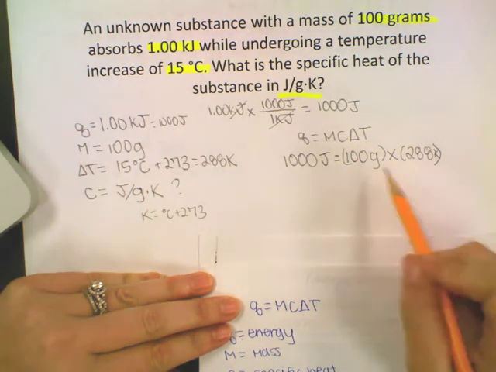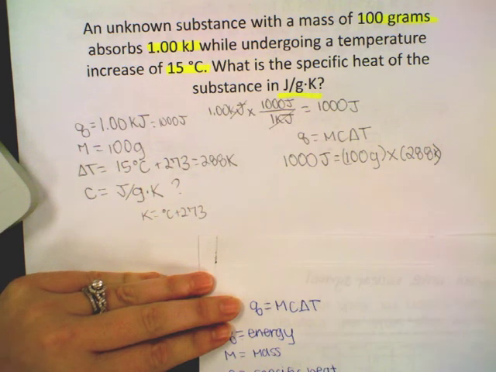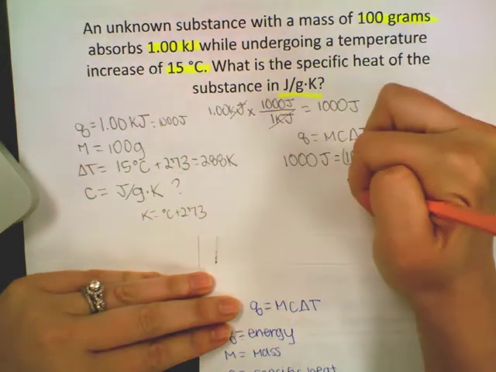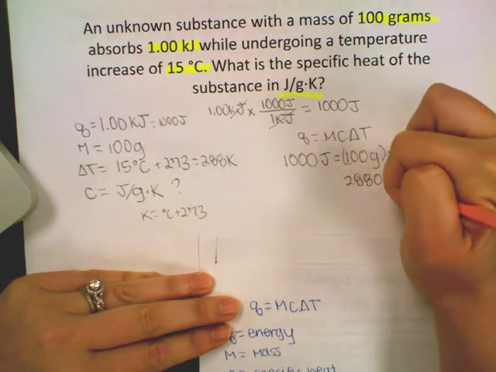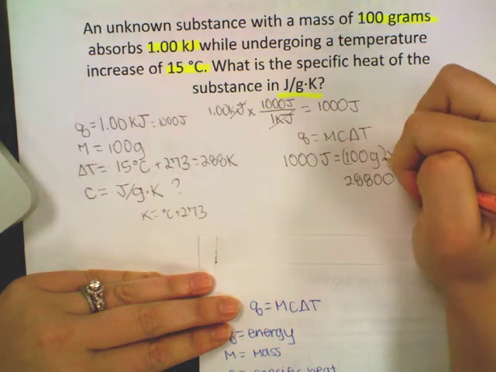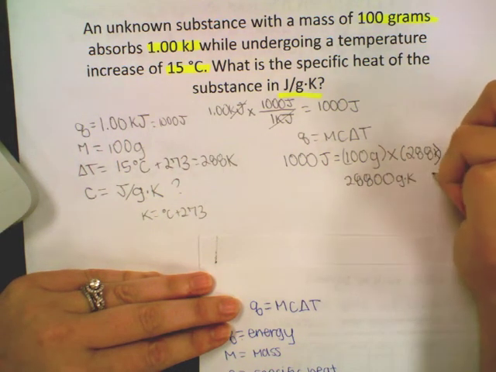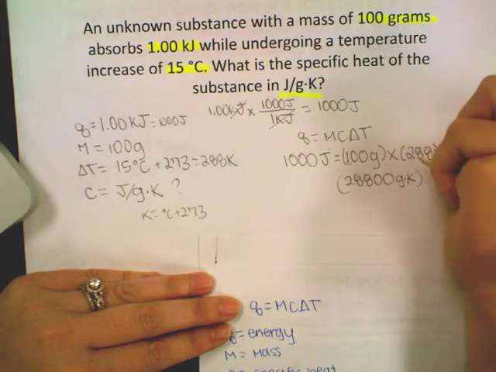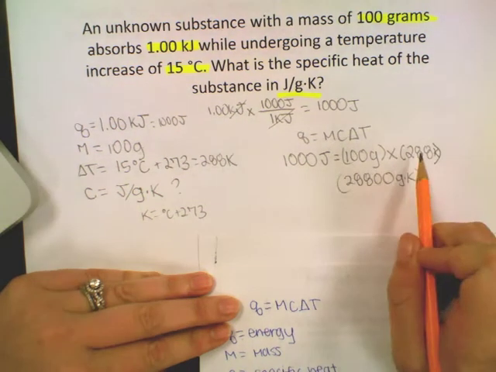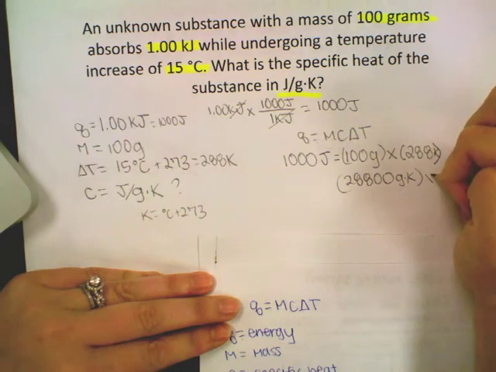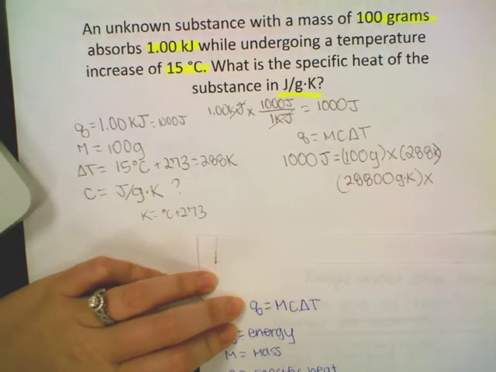Okay, so the first thing we can do is go ahead and simplify this. So let's combine the terms that we can combine. So if we're going to do 100 times 288, okay, and since we're multiplying grams times Kelvin, that's grams times Kelvin. And that is multiplied by x. So we did 100 times 288 times x. And I'm going to go ahead and put x on the end.